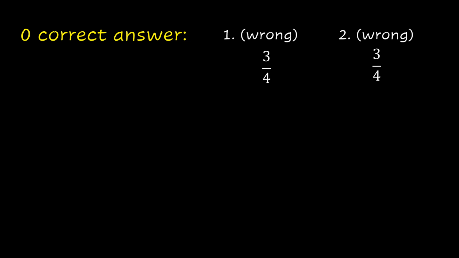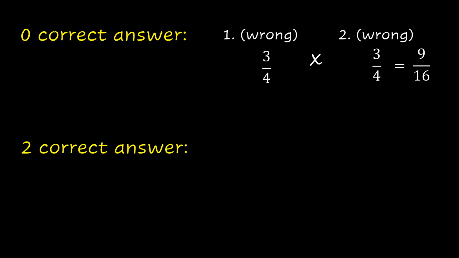And because these two events are independent, we can actually multiply their probabilities. That means we can multiply 3/4 times 3/4, and we are going to get 9 over 16. So the probability of being wrong in number 1 and wrong in number 2 is 9 over 16. So that's also the probability of having zero correct answers.